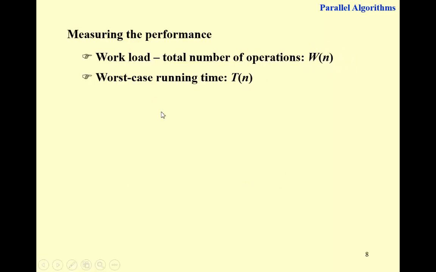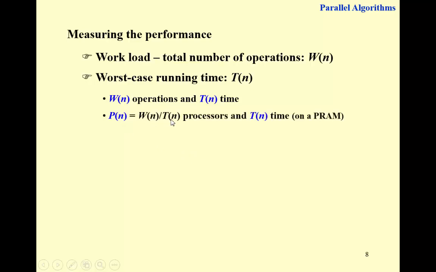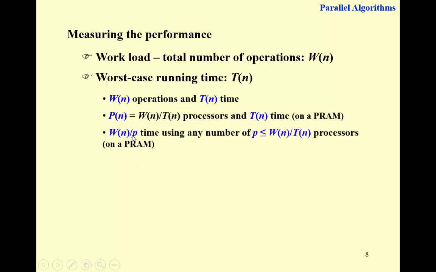So when comparing the performances of different algorithms, we usually consider one of the following. First is the workload and the runtime, simply compare them. Or the workload divided by the runtime, that gives the number of processors required, and the runtime on the PRAM. Or the workload divided by the number of processors P, where P is no more than the normal requirement of processors.